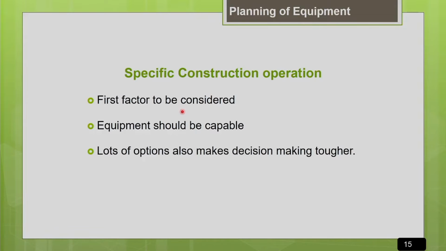That is a basic requirement. As I told you earlier, a lot of options are nowadays available in the construction equipment market, which makes decision making tougher for the project planner. In that case, he has to work out the economics of different options, and whichever equipment gives him the lowest unit production cost, he has to go for that option.